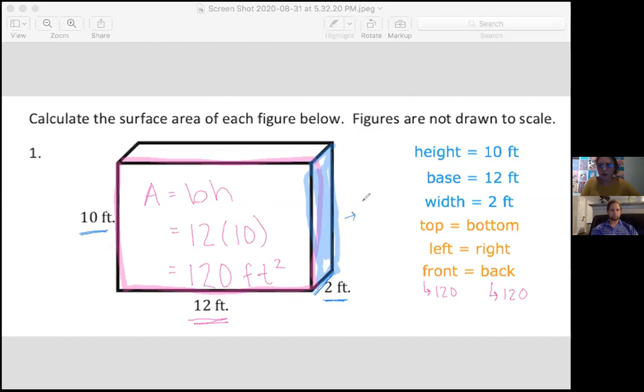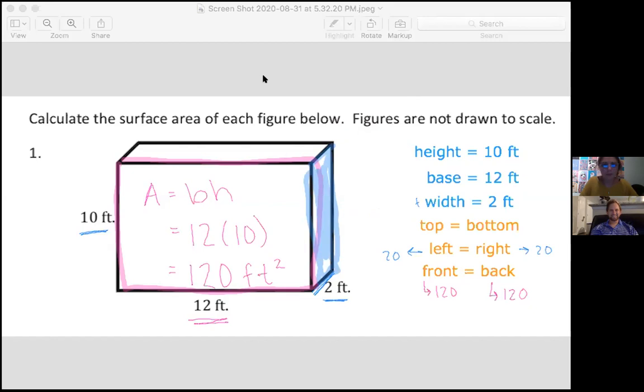So 2 times 10 gives us 20 feet. I will write over here that this equals 20, as well as this one equals 20. And then we have one more to do.